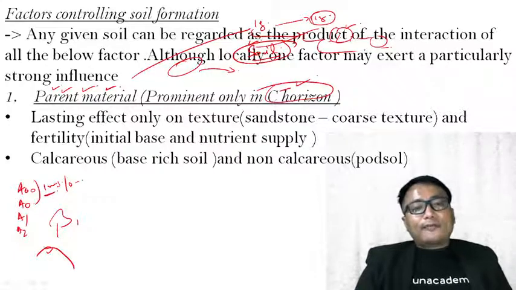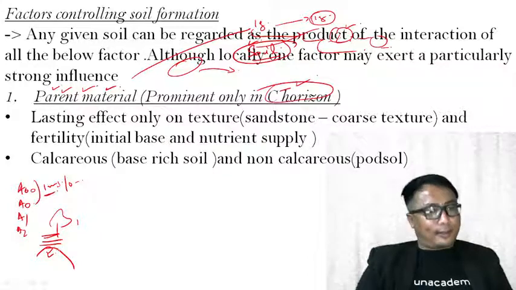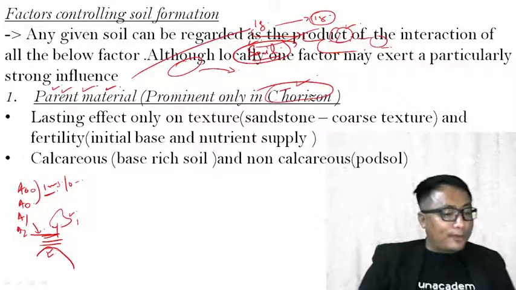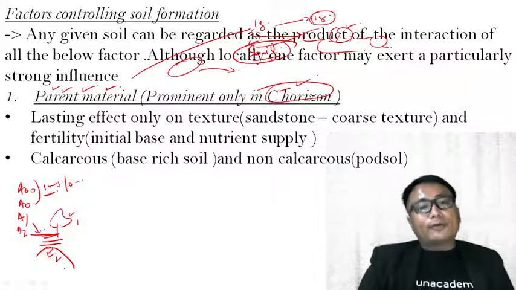Now, after layers and layers of soil are formed, in the upper layers the influence of the parent rock may not be that prominent. On the top layers of the soil, the influence of the plant vegetation or the climatic conditions will be more as compared to the influence of the parent rock.